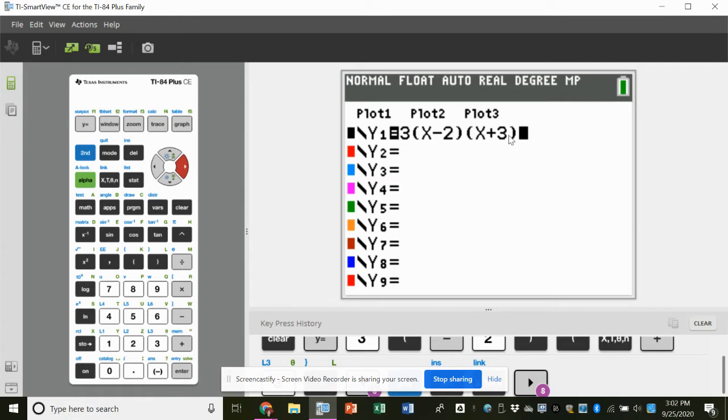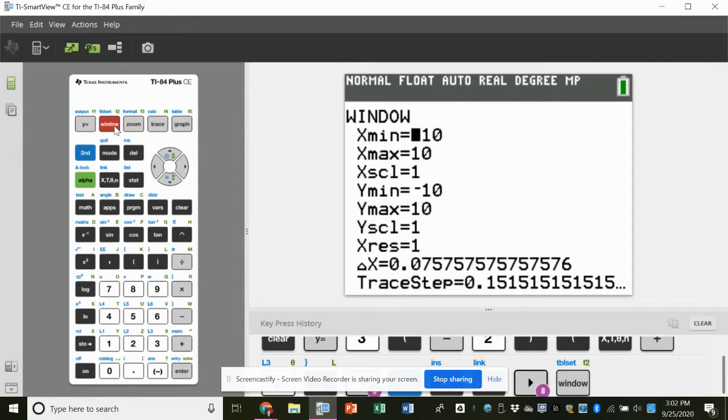So we have that. The next thing here is the window button. We can click on this window button and we can set our X min and X max and our Y min and our Y max, which can be helpful when we are trying to solve a problem, especially if we have a general idea about the area that our graph might be in.